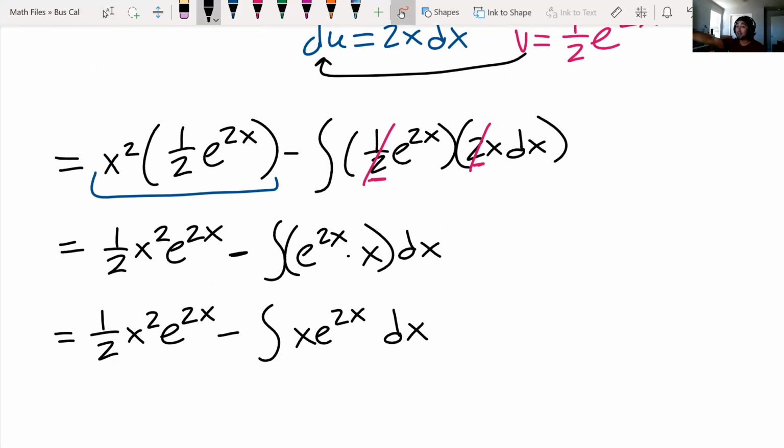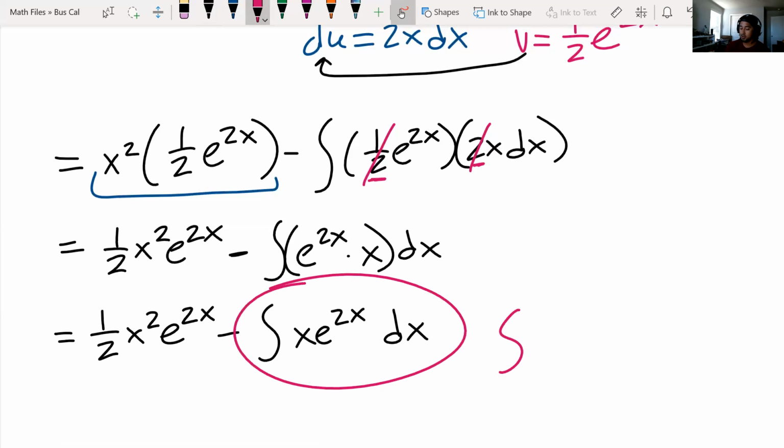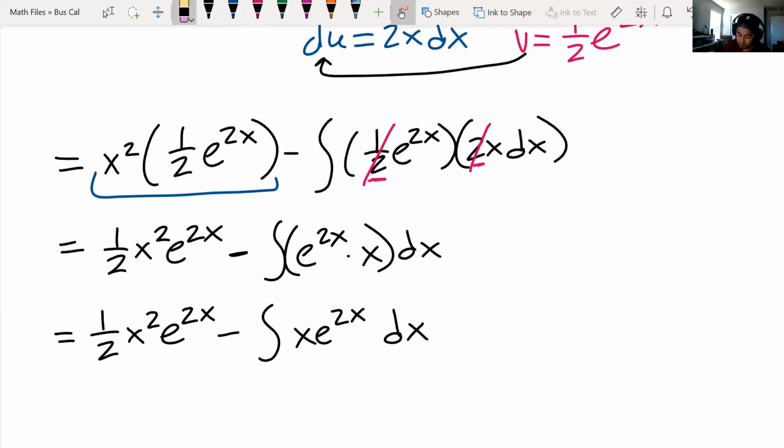And look at this again. We have the special form of x to the n e to the x. So we have to integrate by parts one more time. Which means u is going to be x and dv is going to be e to the 2x.